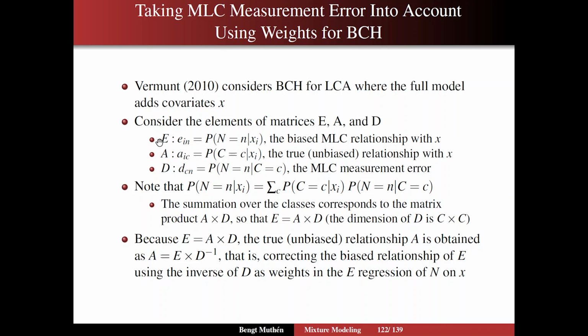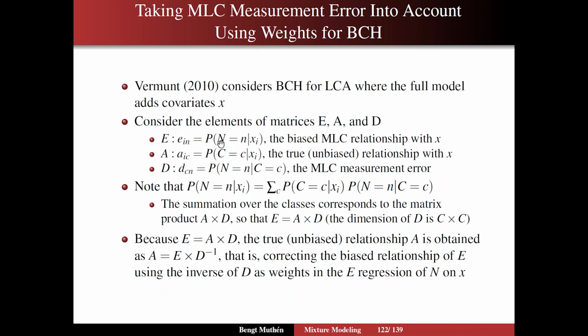So E is the probability of n assuming a value, being in a certain most likely class, given the covariates for individual i. So that's a matrix with rows being the number of people and columns being the different categories of n, the number of classes. So that is a biased relationship with x. It's most likely class regressed on x.